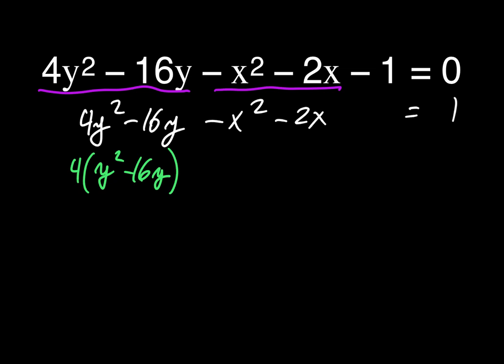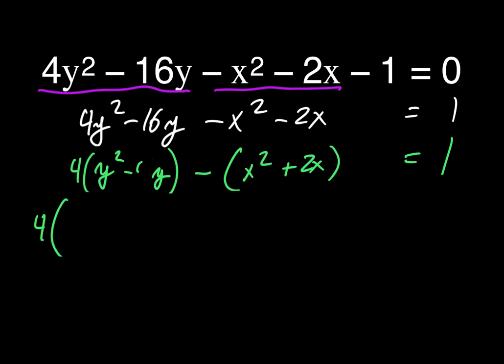The second one, now if you remember the equation for the ellipse, inside the parentheses, it was x minus h, which means I need the x to be positive, so I'm going to factor a negative out of both of them. X squared, it'll then be plus 2x. Then I can go about completing the square. 4, and this number here is no longer 16 because I factored a 4 out of it. That's now a 4.